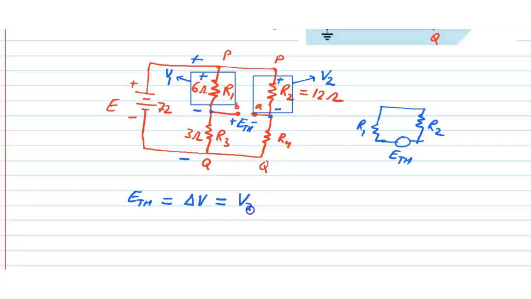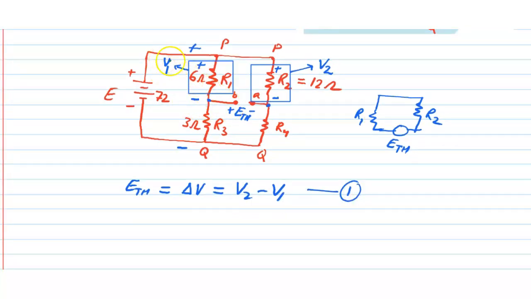Find the voltage drops V1 and V2, with positive and negative as marked.